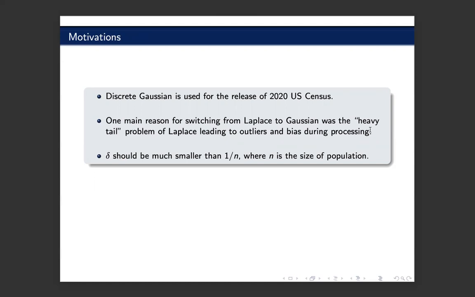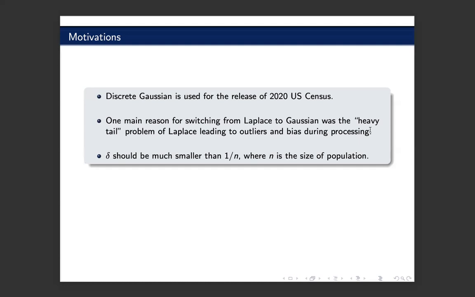In the presentation, the main reason they cite is the heavy tail of the Laplace and the outlier problem of the Laplace distribution or geometric distribution. And they say that they want to have delta much smaller than 1 over the size of the data set that they are dealing with.